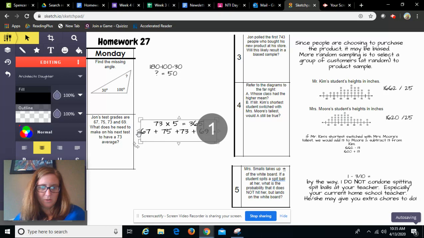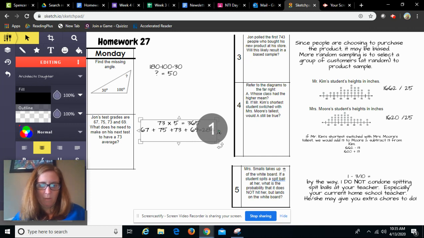So we're going to add up the scores we currently have. 67 plus 75 plus 73 plus 69. And you get 284 right here. And so, sorry, that should be after the equal sign.